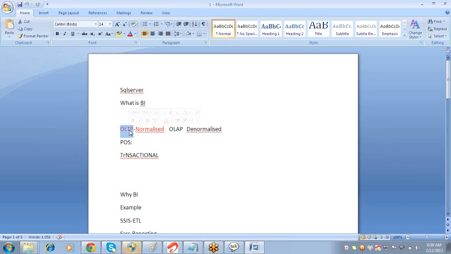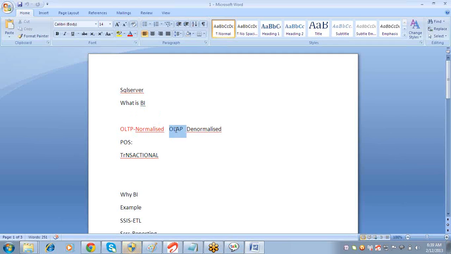This linking is possible with the help of primary key, foreign key relationships, which are again database concepts. So that's what an OLTP system is. In an OLTP system, data is scattered across multiple tables which are related with the help of primary key, foreign key relationships. Okay, that's what OLTP is.